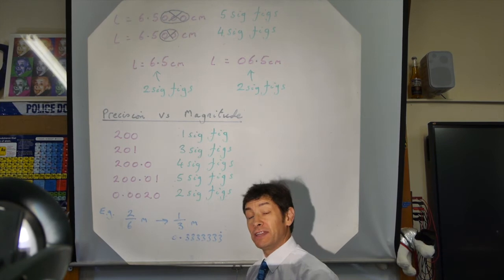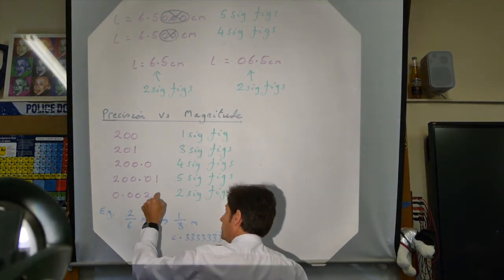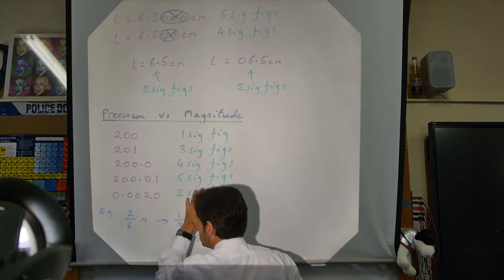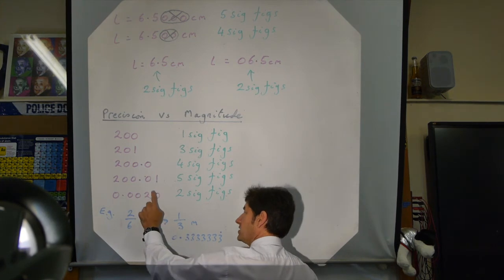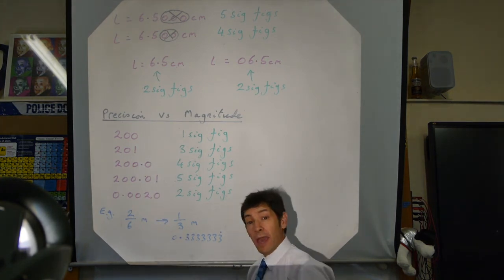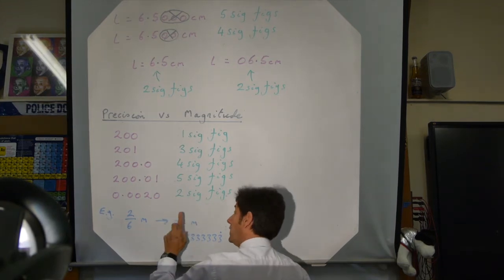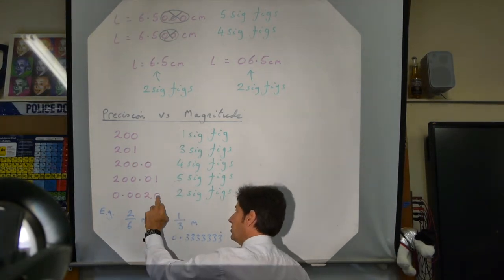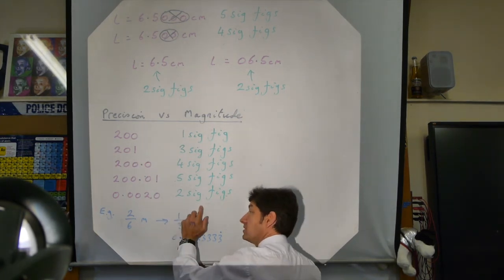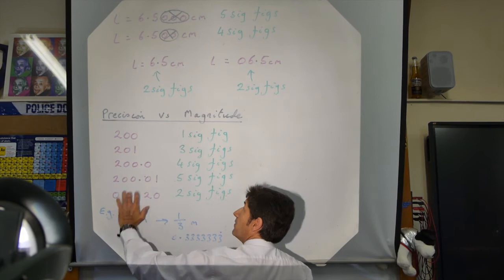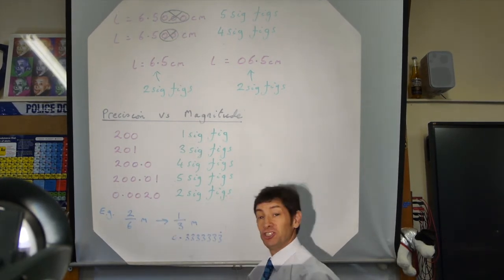And when we put it into standard form, you'll see very clearly that we will have 2.0 times 10 to the minus 3 here. That 2.0 gives us the precision of the number, and the 10 to the minus 3 is just the magnitude of that number. I'm going to do an example of that in a minute, but this shows it quite nicely.